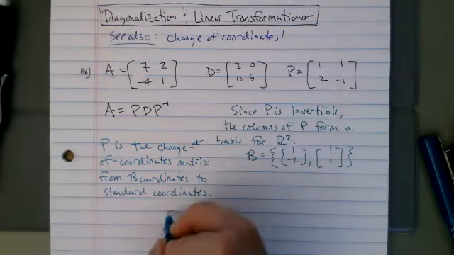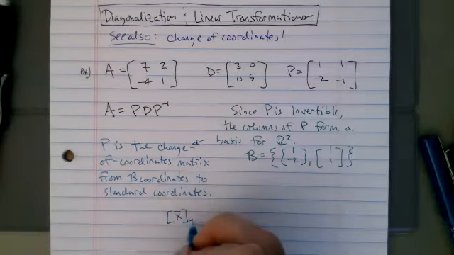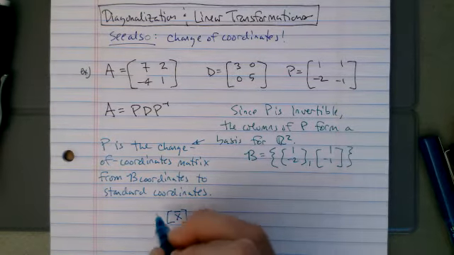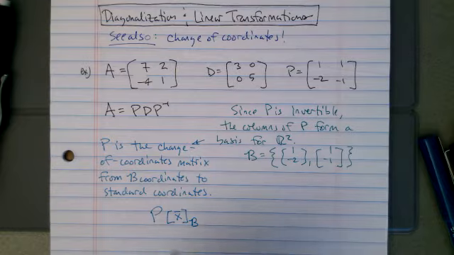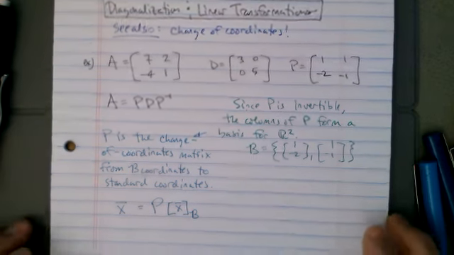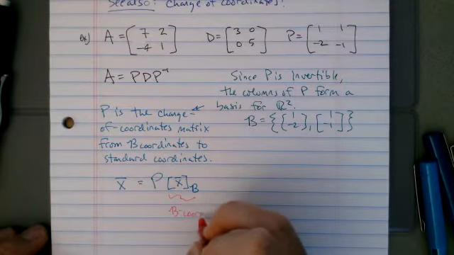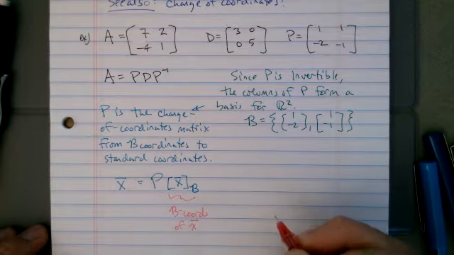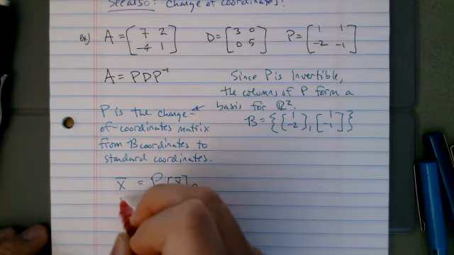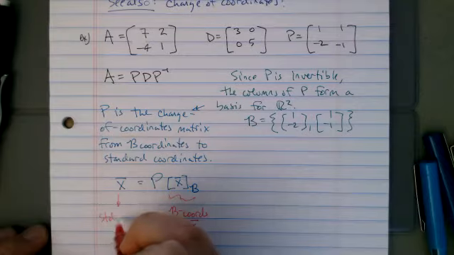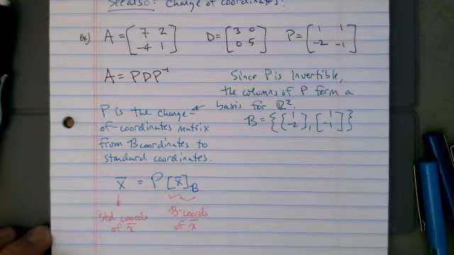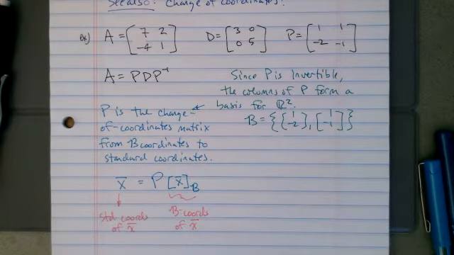So if I have B coordinates of a vector X and I multiply by the matrix P, I end up with the standard coordinates of X. Multiplication by the matrix P takes B coordinates and turns them into standard coordinates.